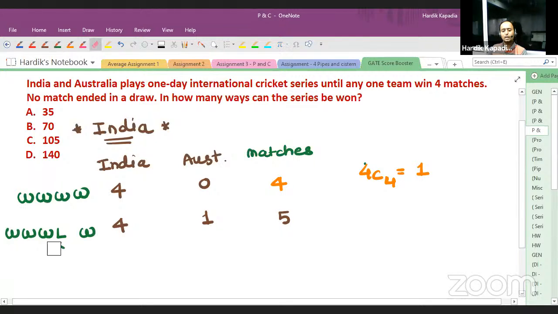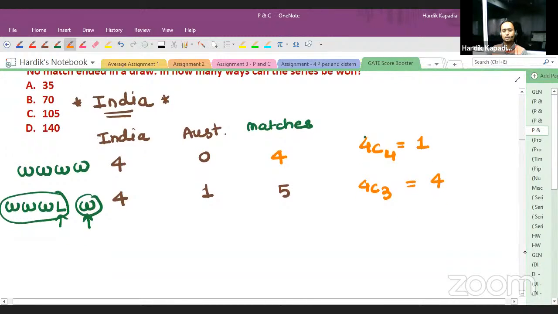So we need to play 5 matches, and in them India wins 4 and Australia wins 1. For this it is win, win, win, lose, so it is in 4C3 ways.